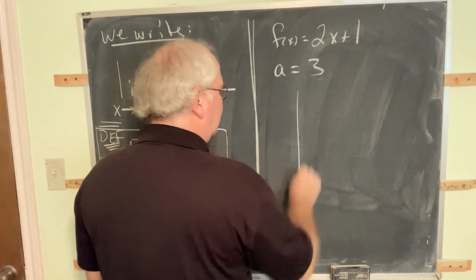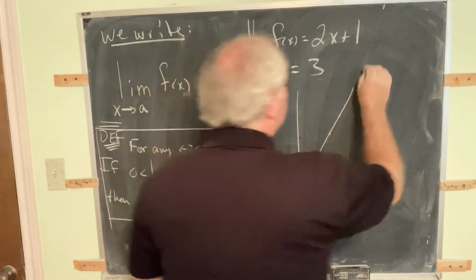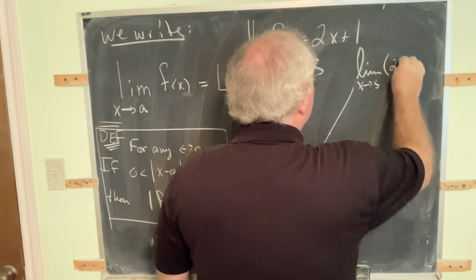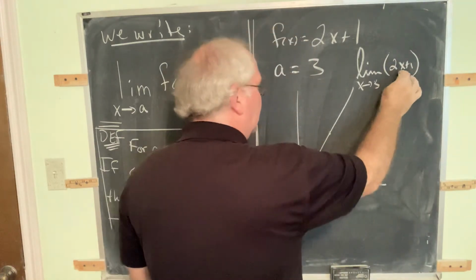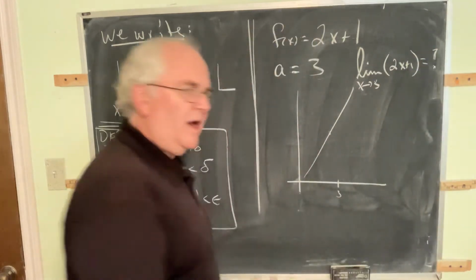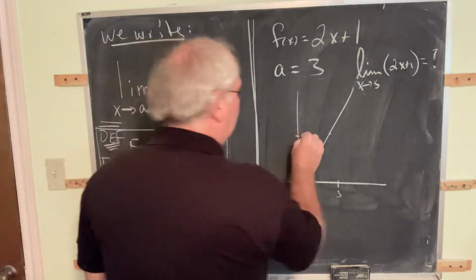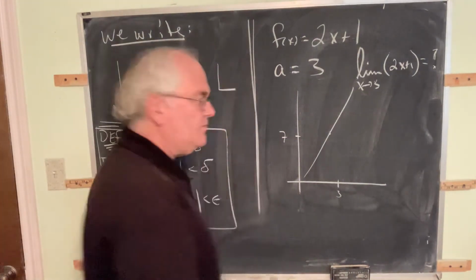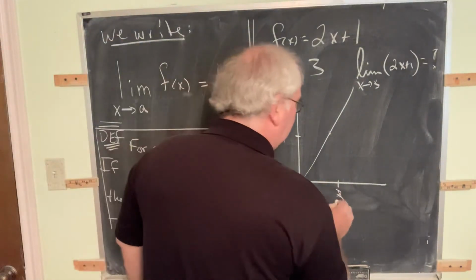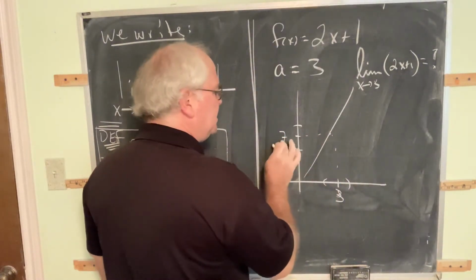As you get closer and closer to 3 on the x-axis, for this function, the question is, what are you getting closer and closer to on the y-axis? Well, it turns out, in this case, it's 7. And we'll deal with the details of that later on. But as you get closer and closer to 3 on the x-axis, you're getting closer and closer to 7 on the y-axis.